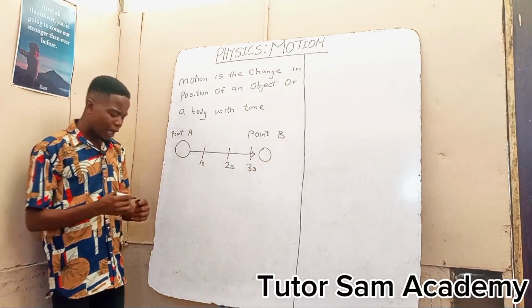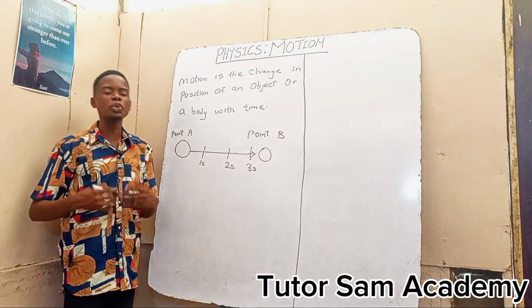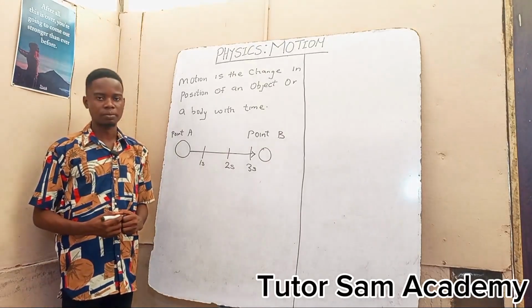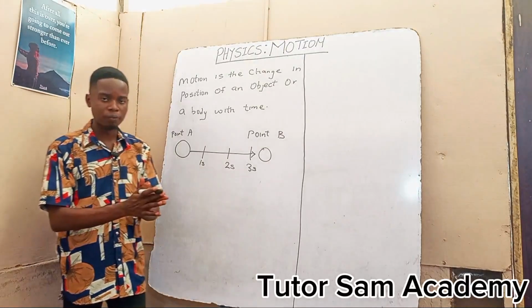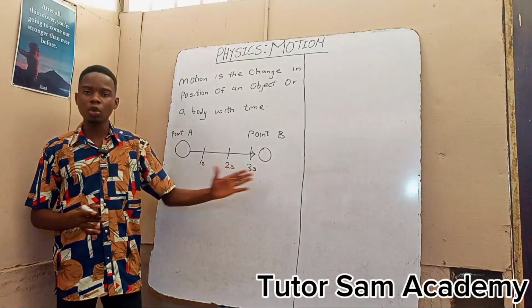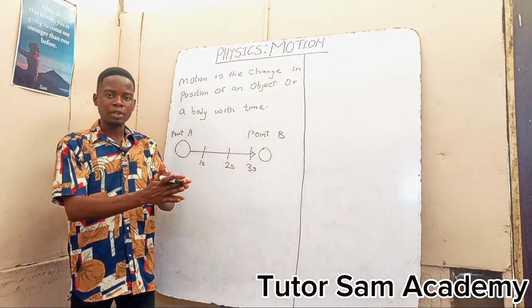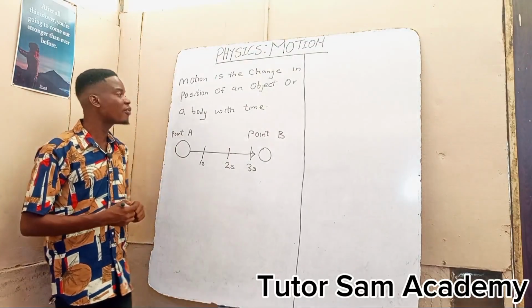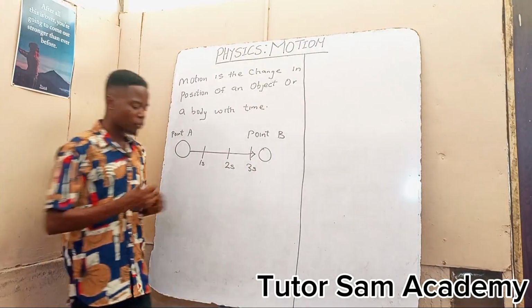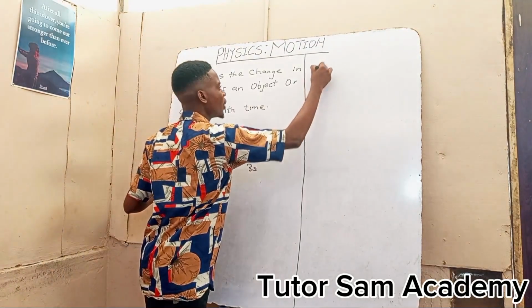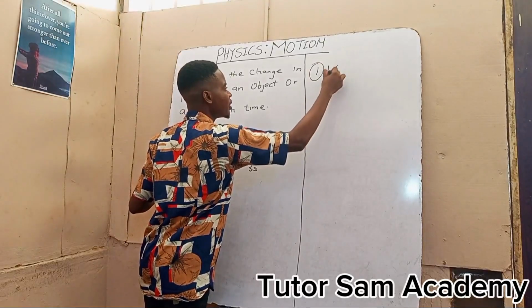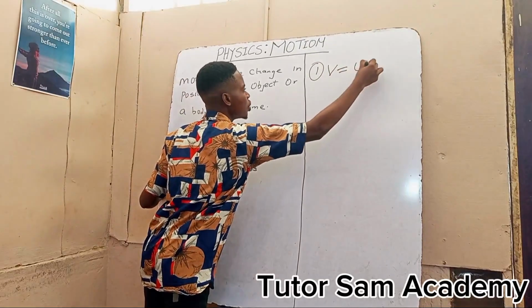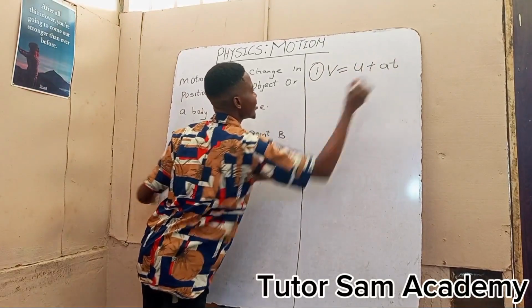So we have what we call the equations of uniformly accelerated motion. Any uniform motion, or a motion on a straight line, has equations. We have 4 equations of uniformly accelerated motion. Equation 1: V is equal to U plus AT.